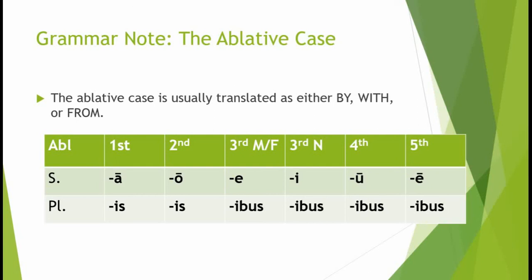Third declension, it's e. Third declension again, i. Fourth declension is u, and fifth declension is e. Okay, the easiest way to recognise the ablative in the plural is that it will either be ibus or is.